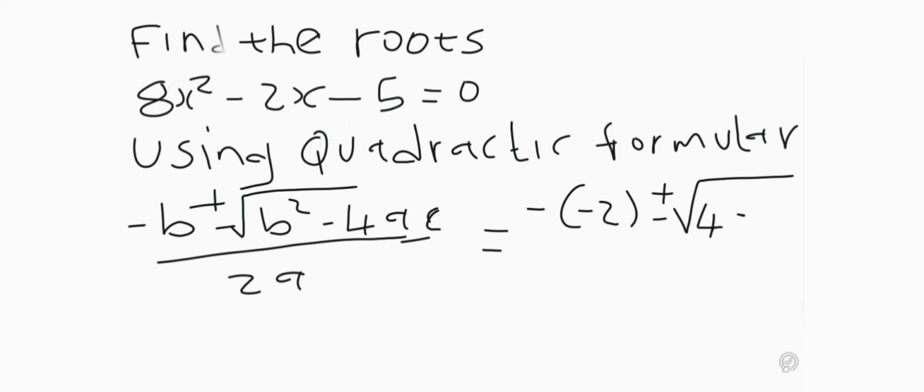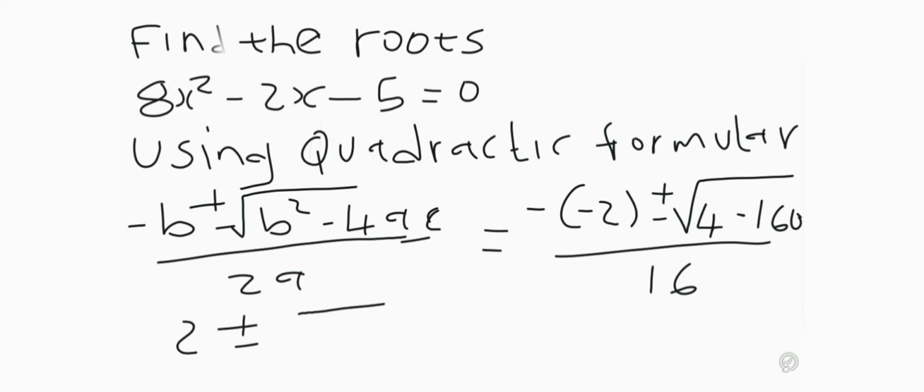Then minus 4ac: 4 times a, which is 8, gives us 32. 32 times minus 5 gives us minus 160, and with the minus sign, we get plus 160. So we have 4 plus 160, which is 164, divided by 16.